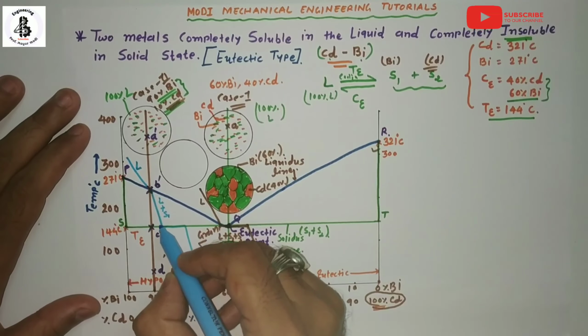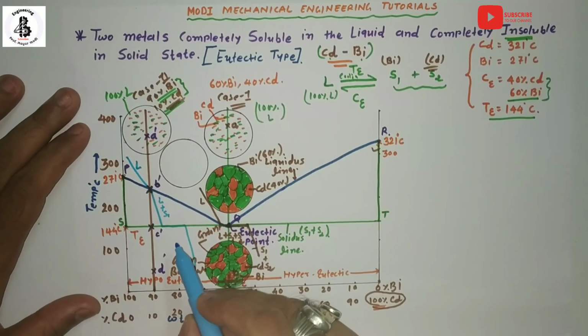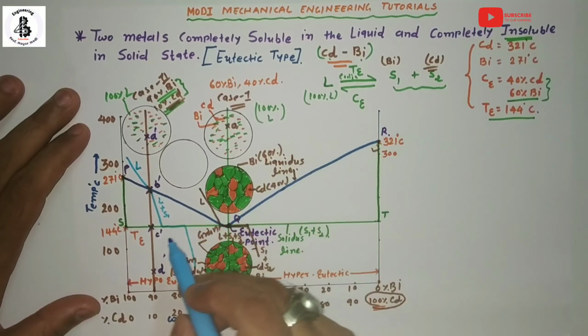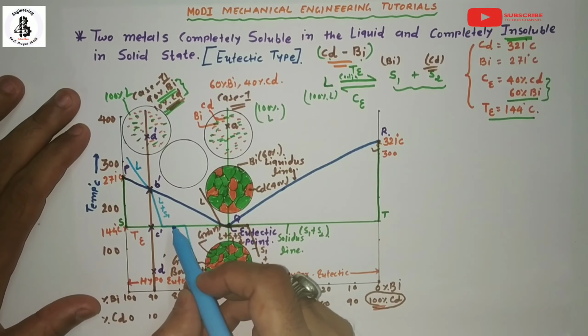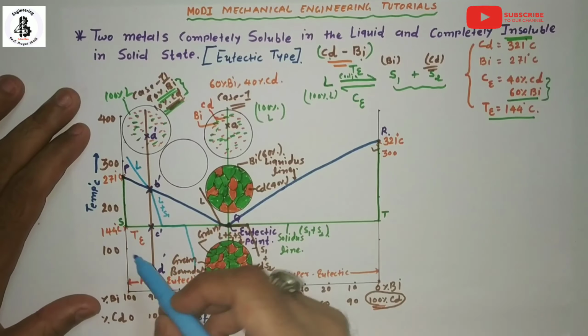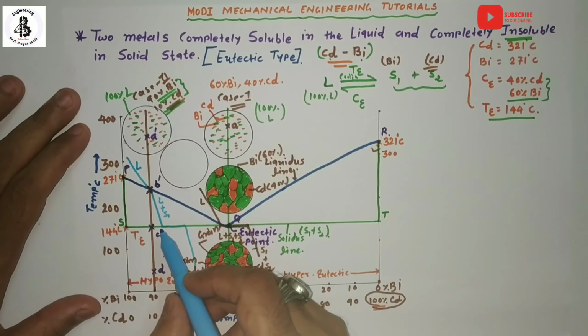That will be from cadmium or bismuth, but practically whichever metallic element has an enrichment becomes S1. So one of the metals starts to solidify, and the rest of the other metals are in the form of liquid.